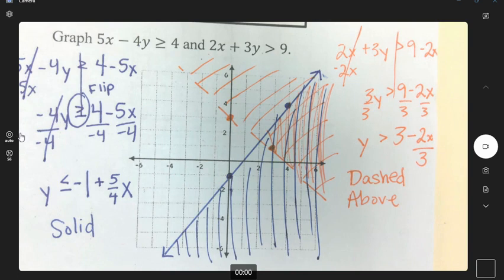I drew mine in blue, so I'm going to change it to blue. And then the other one is y equals 3 minus 2x over 3.